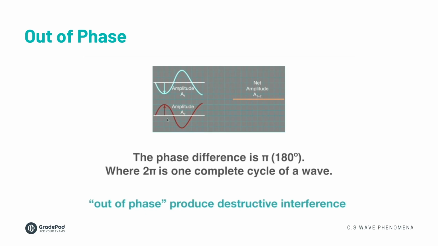Now, we don't quote phase difference in terms of wavelength, we quote phase difference in terms of the cycle. So half a wavelength is known as pi, which is half of 2 pi. When out of phase waves are described, it means that they are undergoing destructive interference.